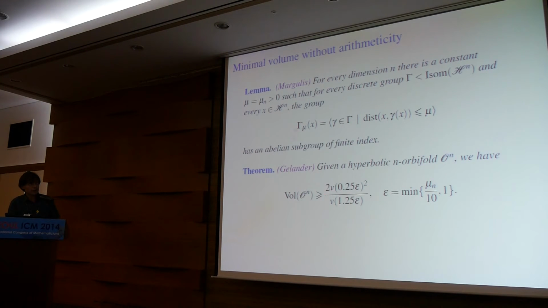Here ν_n(r) means the volume of a ball of radius r in hyperbolic n-space. But it's still a positive number, defined by the Margulis constant, and it can be computed. So there is a lower bound on the volume which works for orbifolds as well.